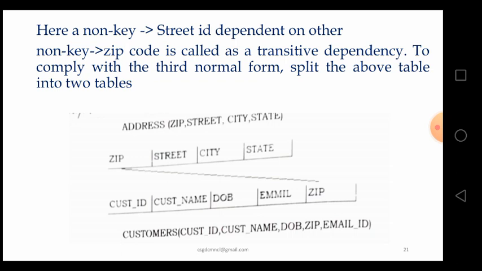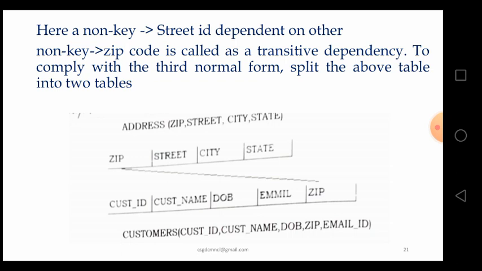To comply with the third normal form, split the above table into two tables. Here, zip is dependent on another attribute, that is a transitive dependency.